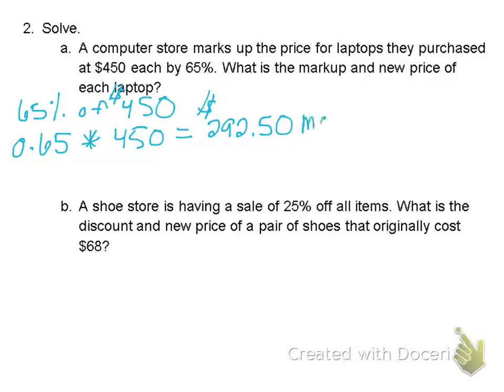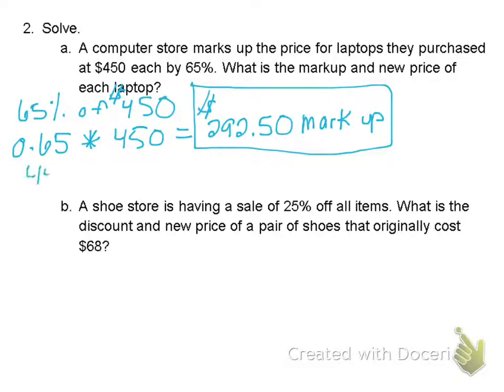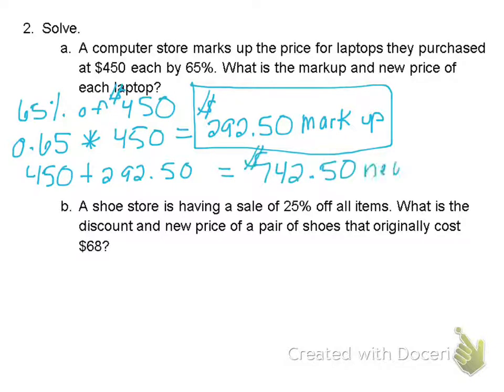So that is the markup. That's what the company is marking it up. And then to find the new price, we need to add the markup to the original. And we're adding because it's a markup, so it should be making the price go up. So 450 plus $292.50 would equal $742.50 for the new price.